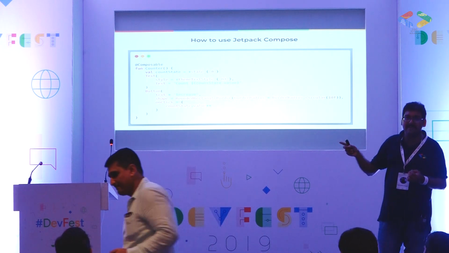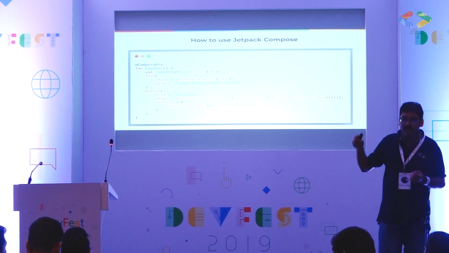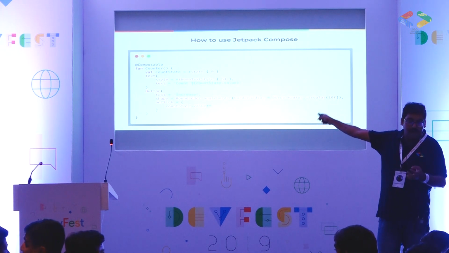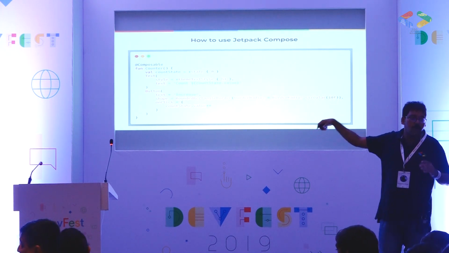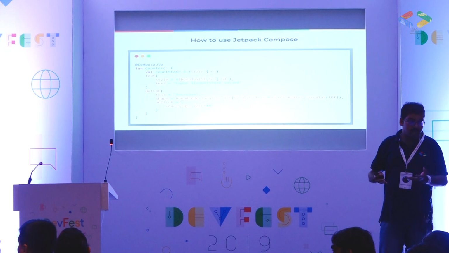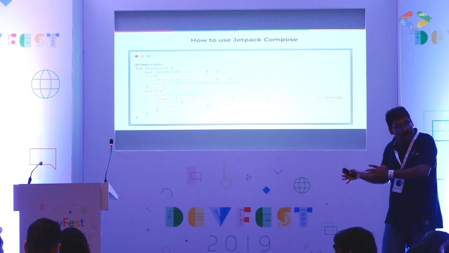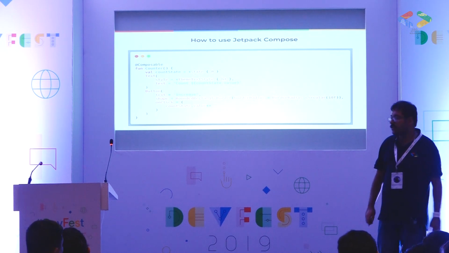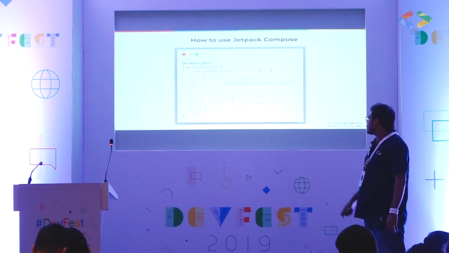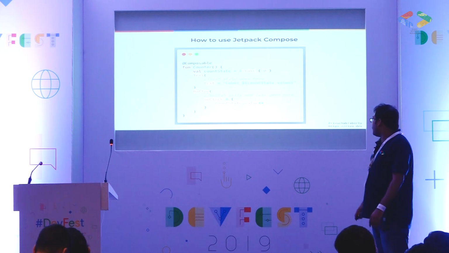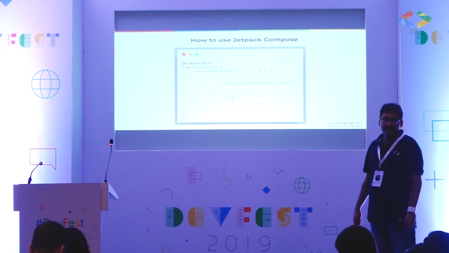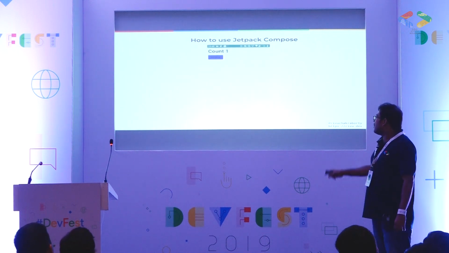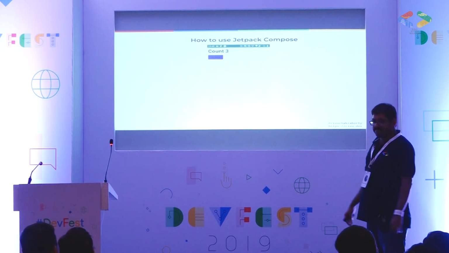And whenever you change the value of the state, it makes the composable function recompose, or emit new values of the views with the new state value. Again a closer look. Now this works.